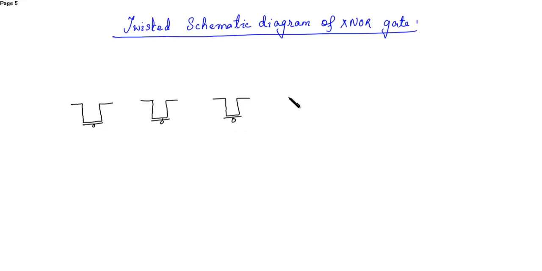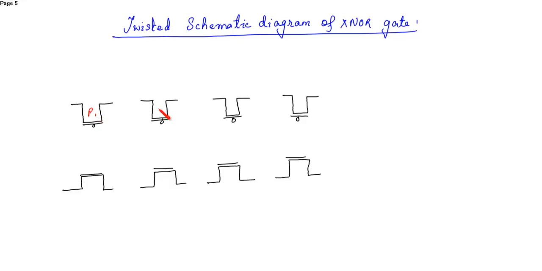This is PMOS 3 and this is PMOS 4. Similarly, we'll have the NMOS. This is NMOS 1, this is NMOS 2, NMOS 3, and this is NMOS 4.